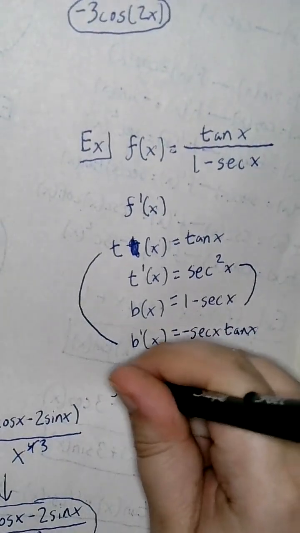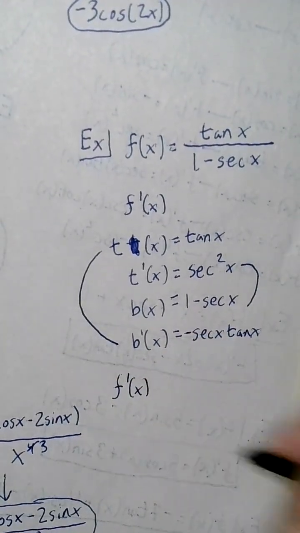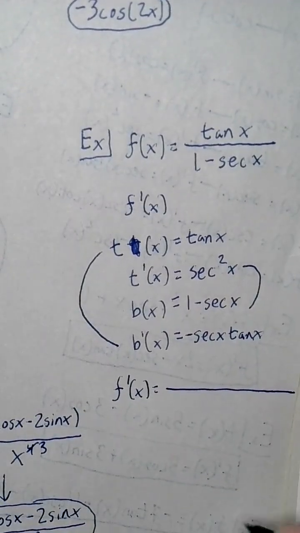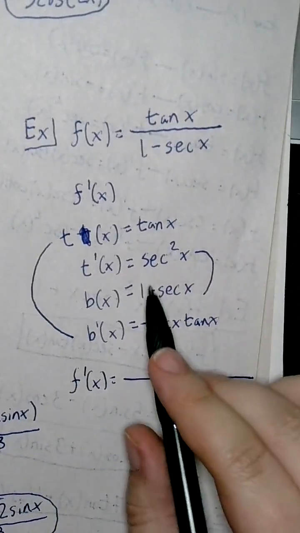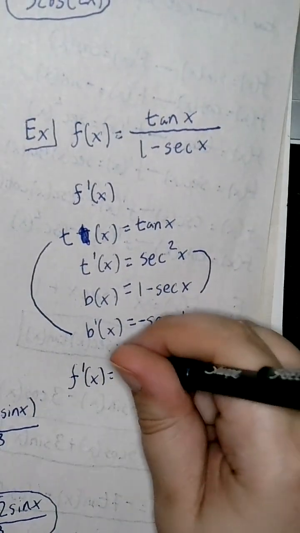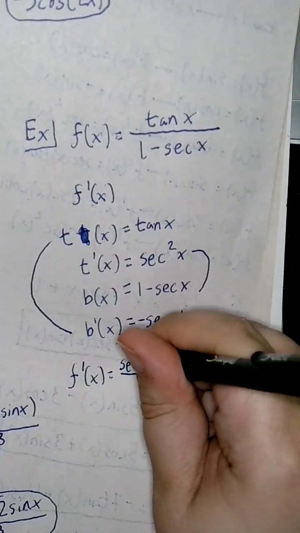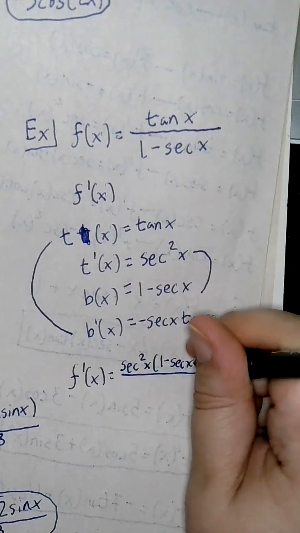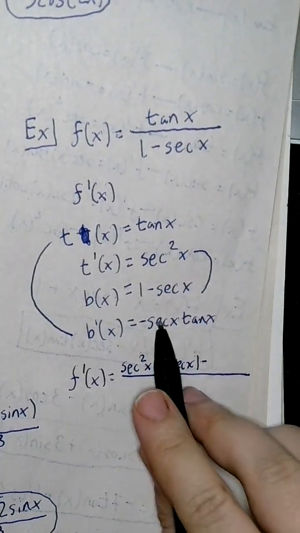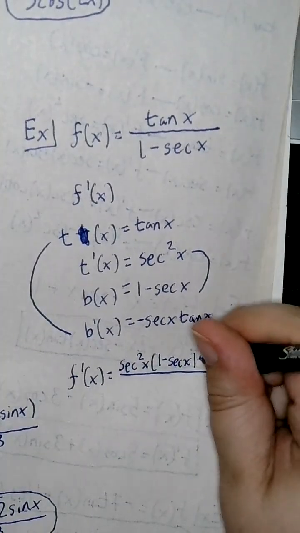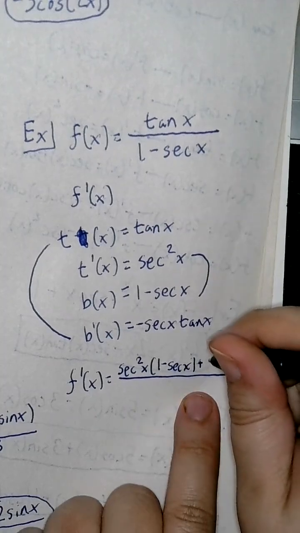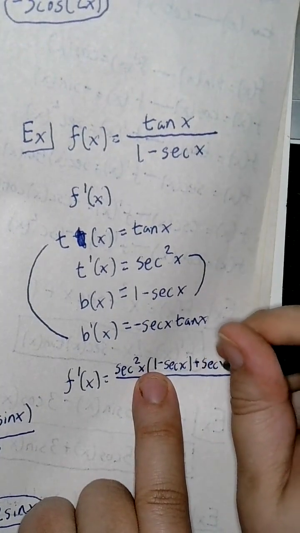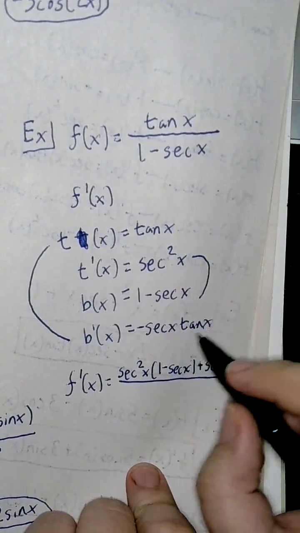So what do I get? I hope I gave myself enough space for this. I highly doubt it. But here goes nothing. So this is going to be low d high. So I have secant squared times 1 minus secant minus, well, negative times negative is positive, so that's going to be plus secant x times secant tan times tan.